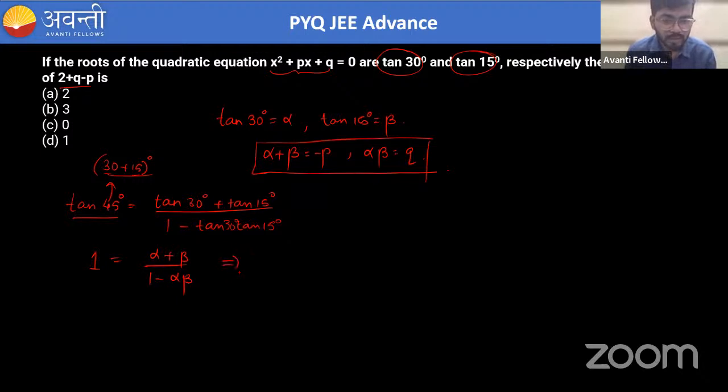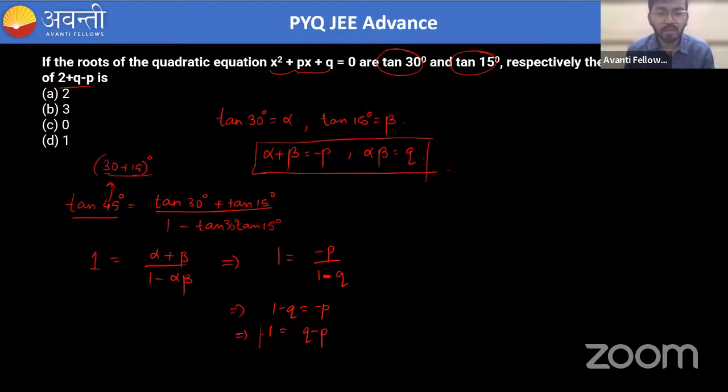After substituting the value of alpha plus beta as minus p, I will be left with 1 equals minus p upon 1 minus q. From here I will multiply by 1 minus q and this will become 1 minus q equals minus p. I will take the q to the other side. It will become 1 equals q minus p.